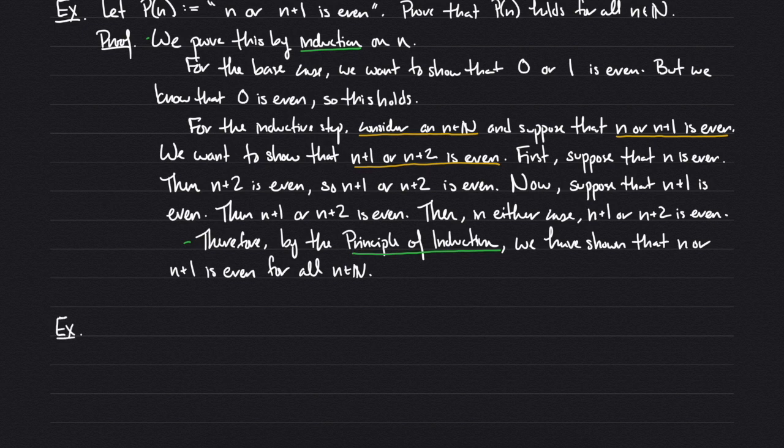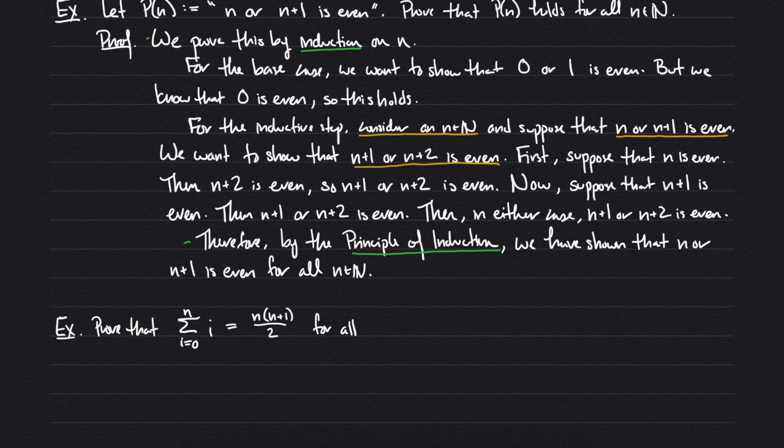Okay, so let's do another example. So let's prove this famous equality. So if we sum up all numbers from 0 to n, then we have this nice formula. And so note here that i is a bound variable.